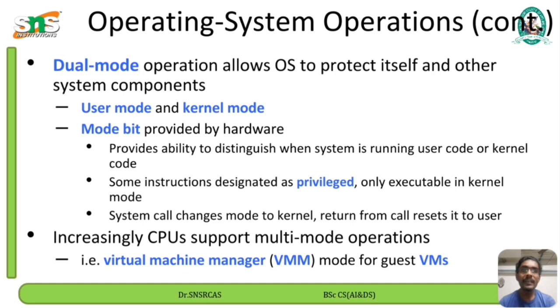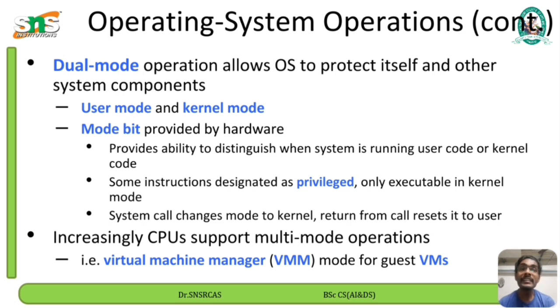In this type of situation, the operating system uses two things: user mode and kernel mode. The mode bit is provided by hardware. User mode is nothing but the regular user profile of the operating system.